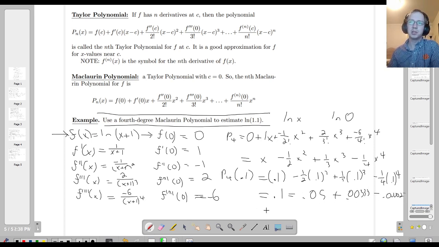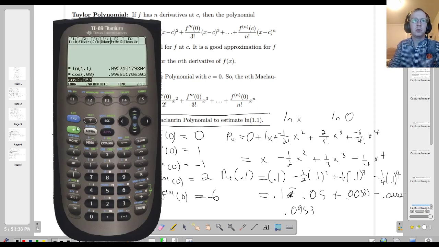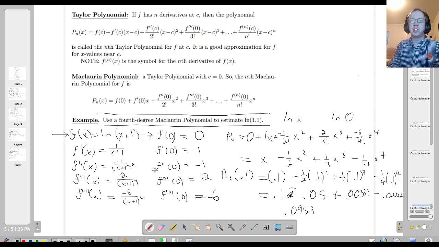Okay, if you work all those out and add it together, sorry, that was a minus sign, I should get 0.0953. And once again, if I'm interested to see how good my approximation was, let's try it out. What was the natural log of 1.1? 0.0953. So pretty much spot on, and I only went out to the 4th degree polynomial. So you can imagine with an even bigger degree, it would be accurate to even more decimal places.